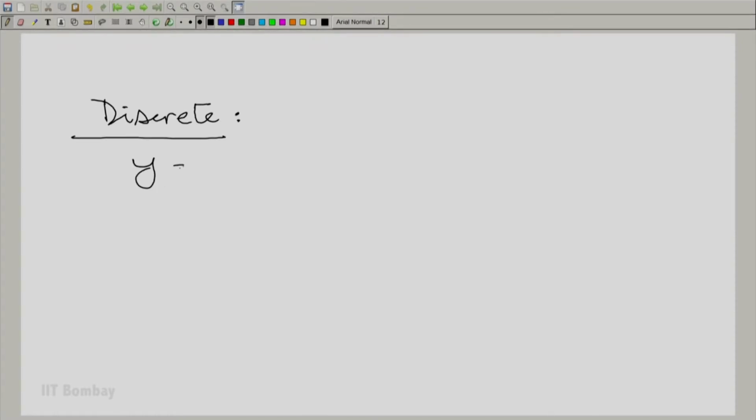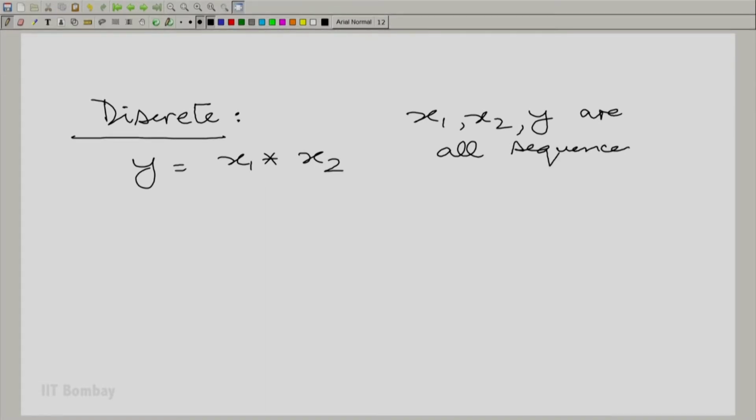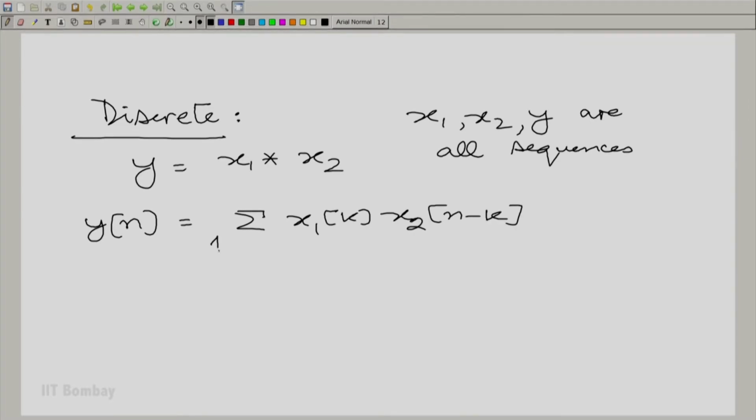Let y be equal to x1 convolved with x2. Of course, x1, x2, y are all sequences. So, y[n] is by definition the sum of x1[k] x2[n minus k], summed over all k, running over all the integers.